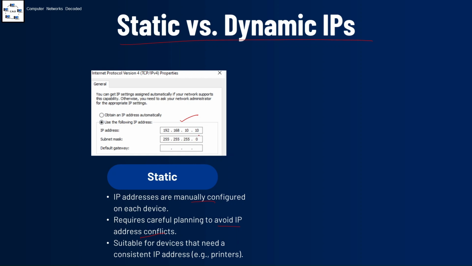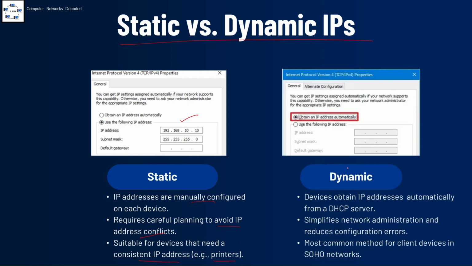If you do, they won't be able to communicate over the network, and the network will also be congested and performance will be degraded. It is suitable for devices that need a consistent IP address, such as printers.